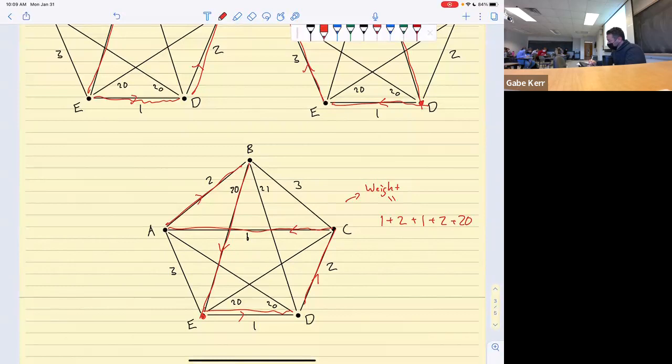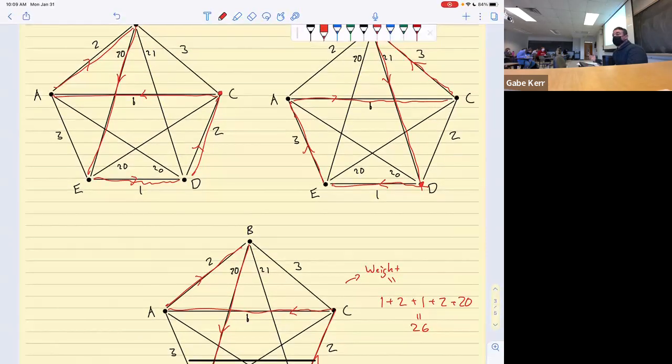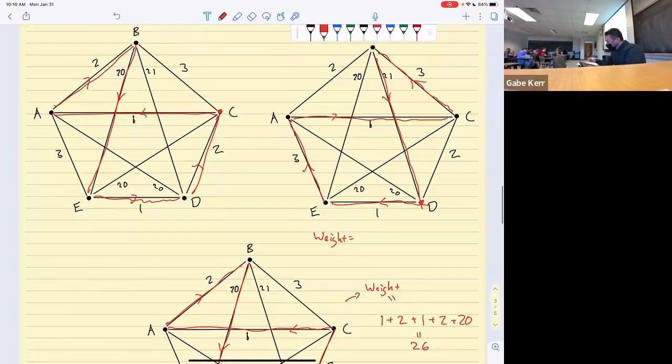So that looks like it's 26. The only one that won't have weight 26 is this one where I started at D. And so this one, we can count the weight for that. And I'll get 1 plus 3 plus 1 plus 3 plus 21. And that weight is going to equal what? 29? Right?